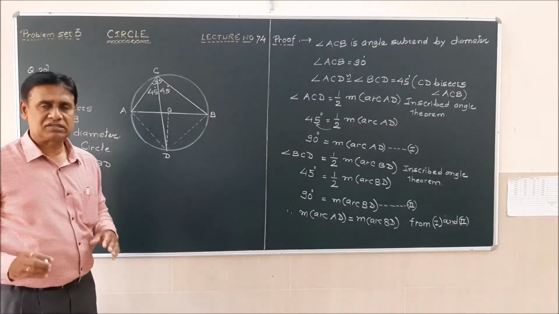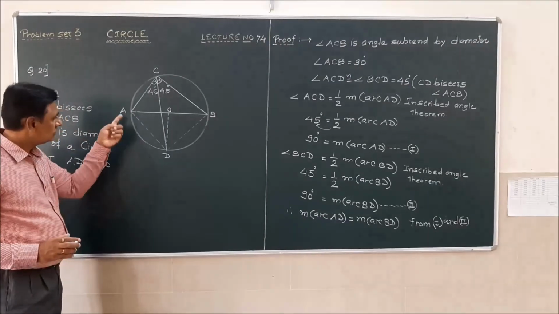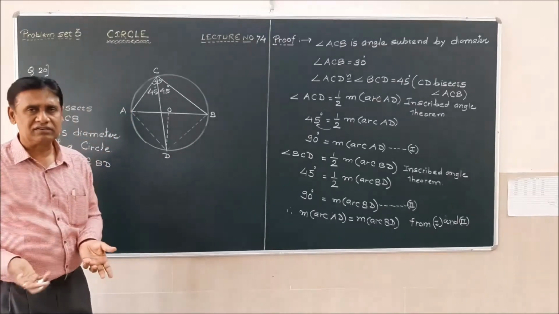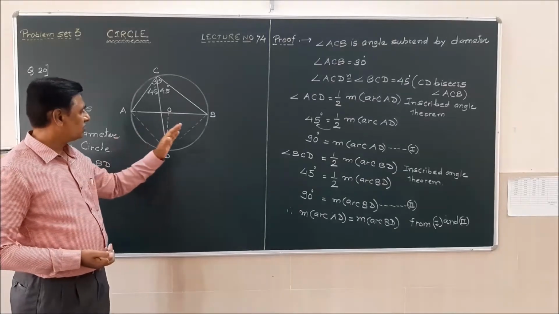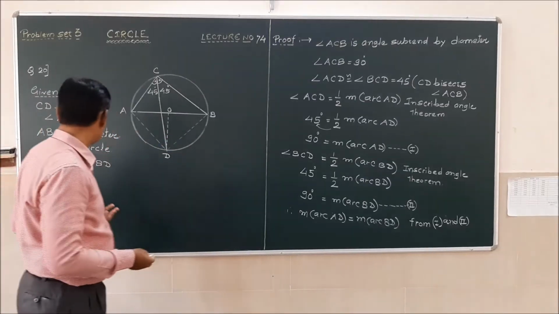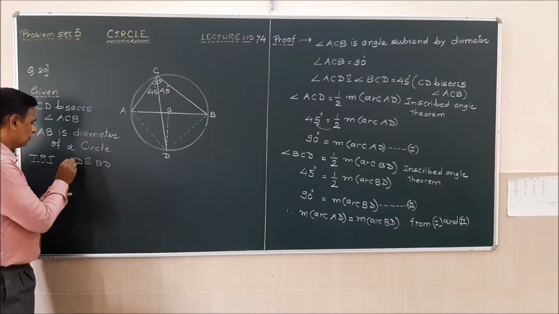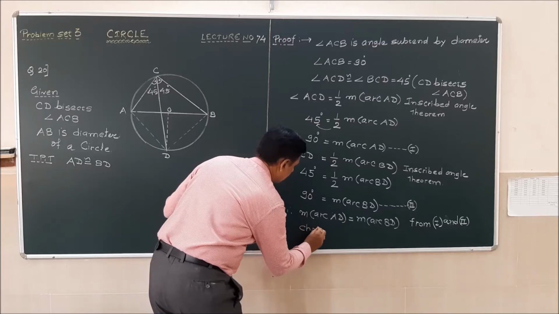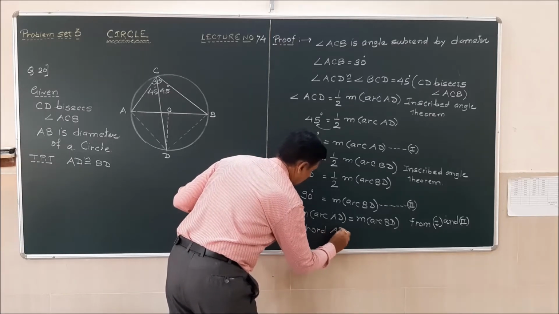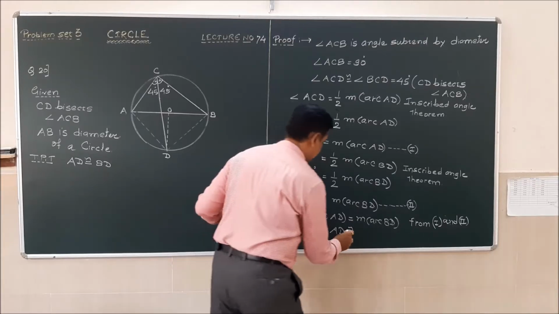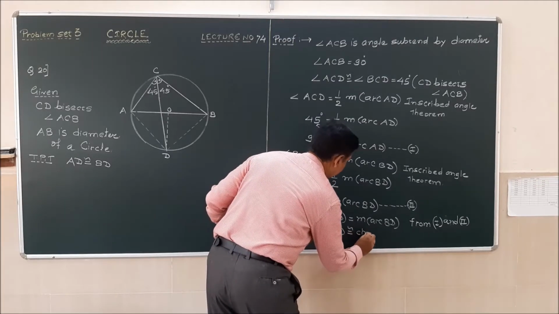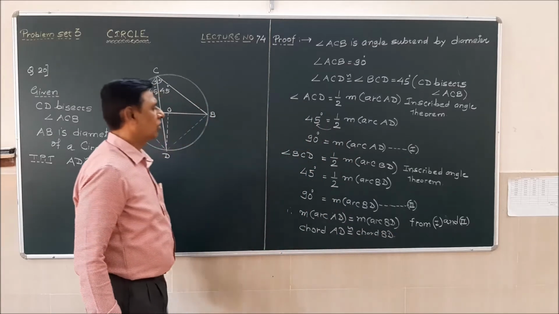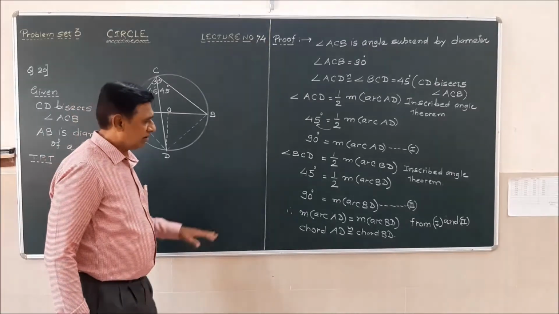So if these arcs are congruent, arc AD is equal to arc BD, then naturally what result will we get? Chord AD is congruent to chord BD. That is what we have. Therefore, chord AD is congruent to chord BD.